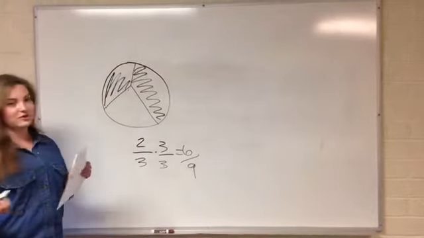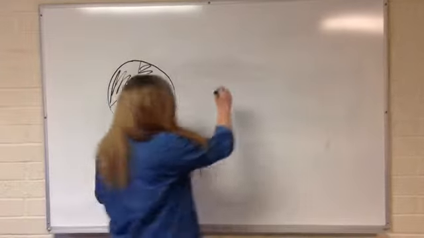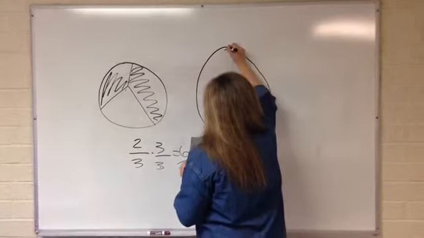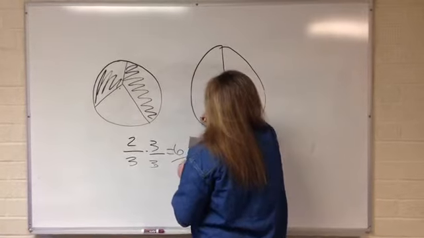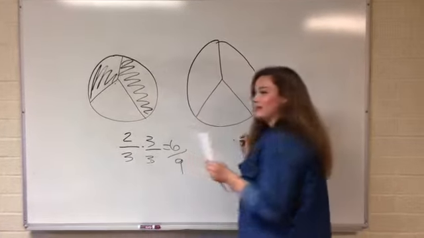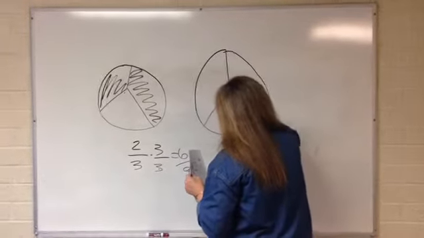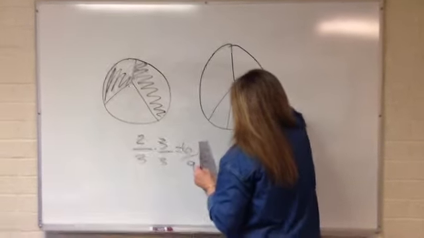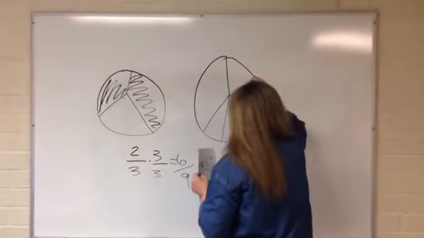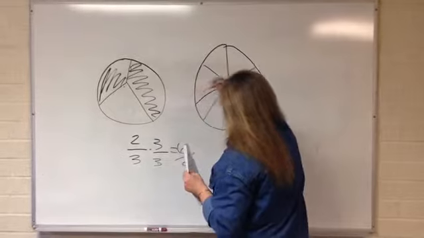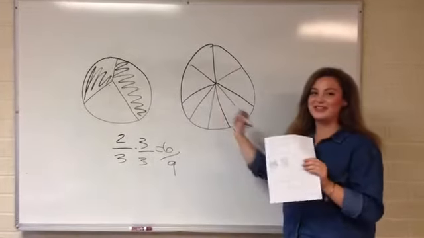And we can show the same cake, but we'll divide it into 9 parts instead of 3. And instead of shading 2 slices, we'll shade in 6.